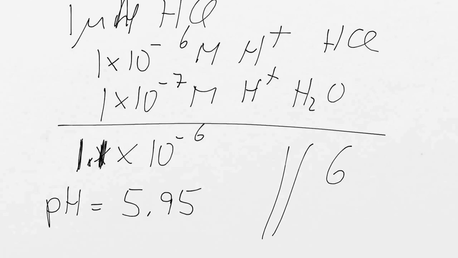I had some interesting discussions even with colleagues from another university up north, who were absolutely convinced that a 1 nanomolar hydrochloric solution gives you a pH of 9. And oh boy, did I have a whale of a time to convince them that that wasn't right. But it was fun.